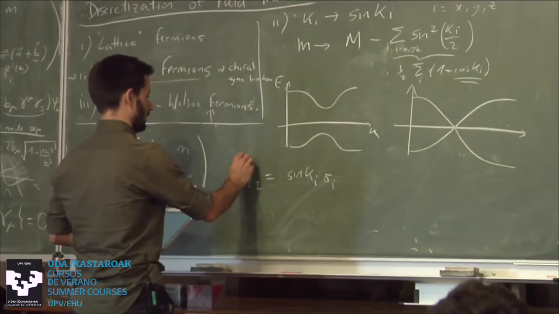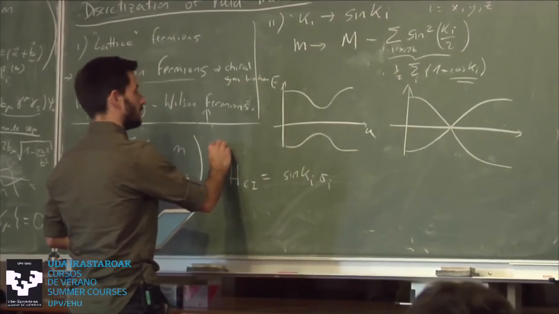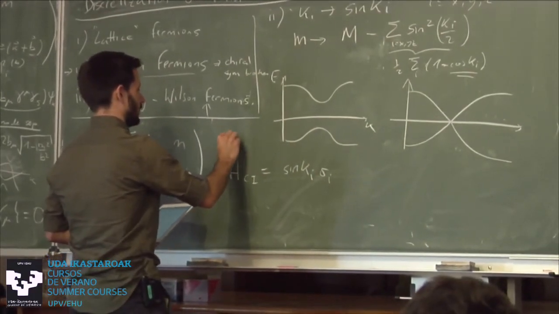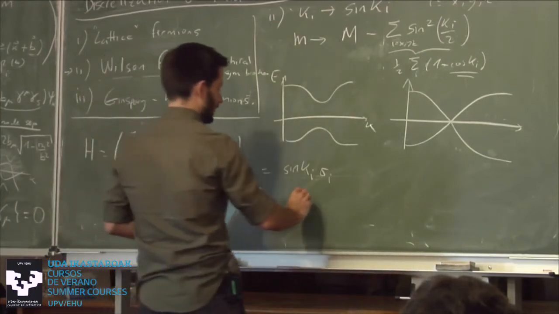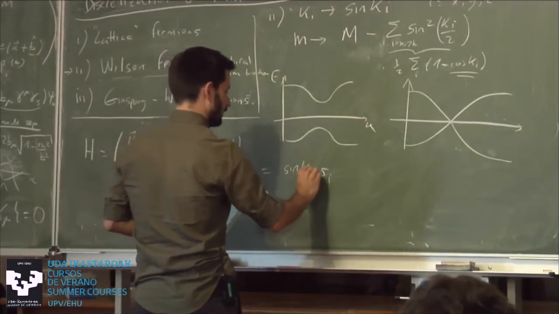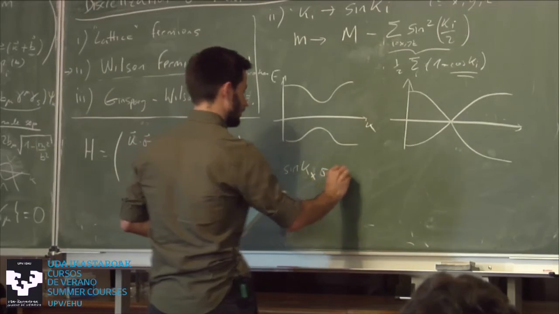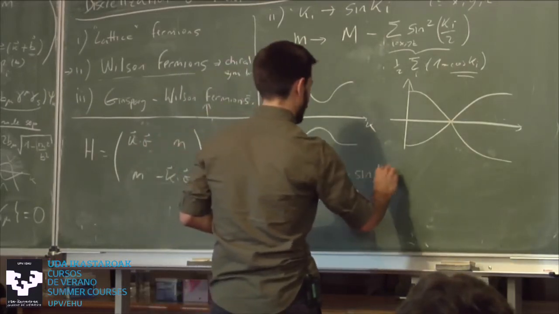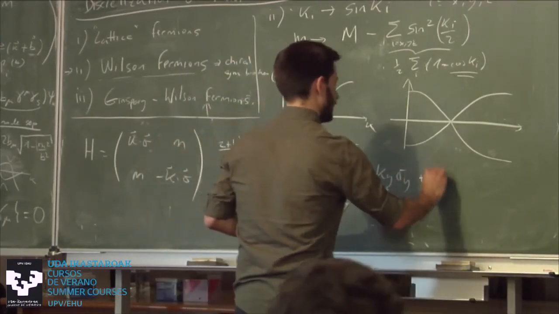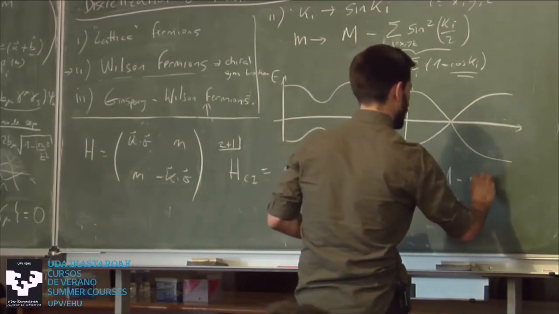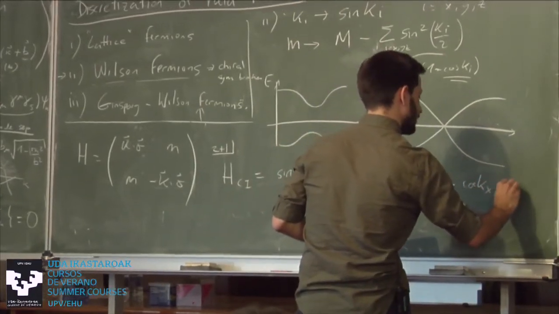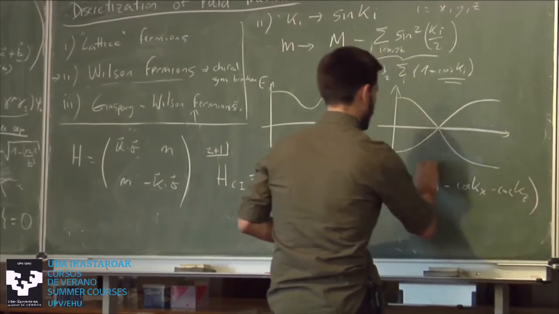so now I go to 2 plus 1 dimensions. So now this is a sum over, let me write it explicitly so that there's no confusion. ky sigma y, plus m minus cosine kx minus cosine ky, sigma z.